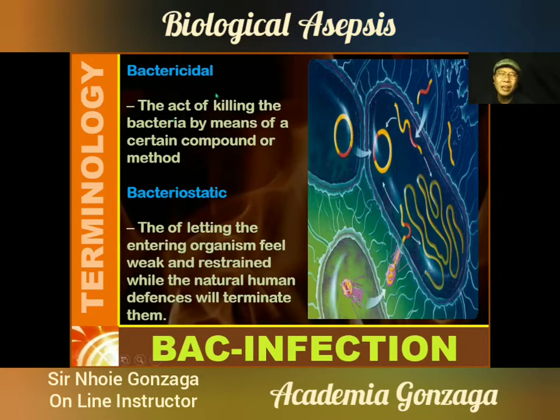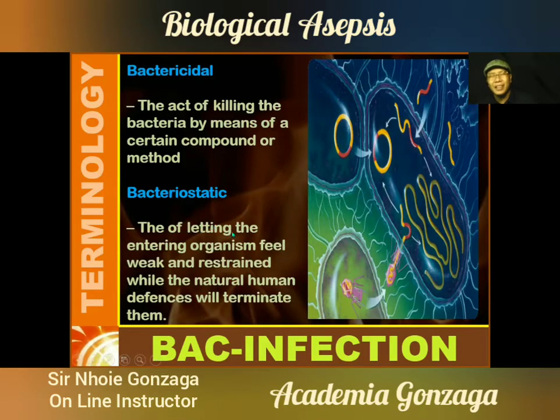Now, why is it that we are not always giving bactericidal medications? Because the body might assume that every time there is infection, medications will kill them and the body will not function anymore at par. But if you give bacteriostatic medication, medications only will weaken the organism.